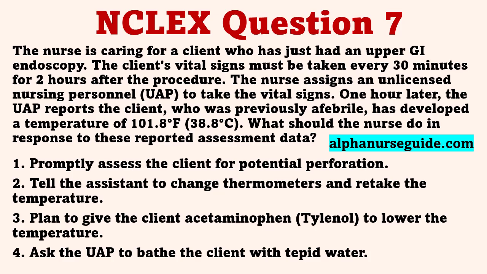What should the nurse do in response to these reported assessment data? 1. Promptly assess the client for potential perforation. 2. Tell the assistant to change thermometers and retake the temperature. 3. Plan to give the client acetaminophen to lower the temperature. 4. Ask the UAP to bathe the client with tepid water.